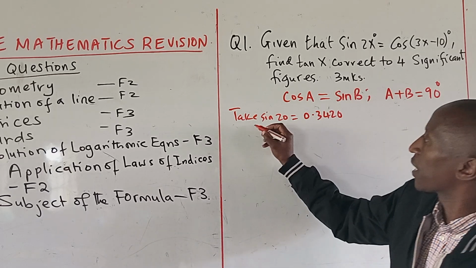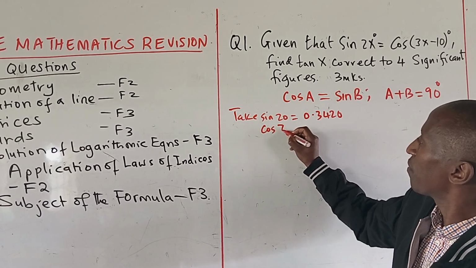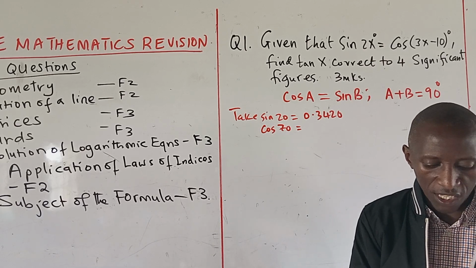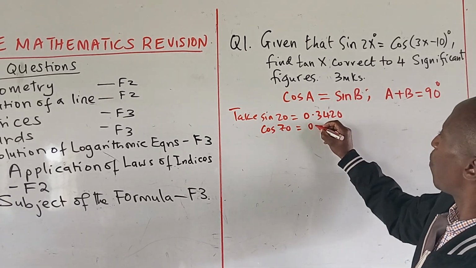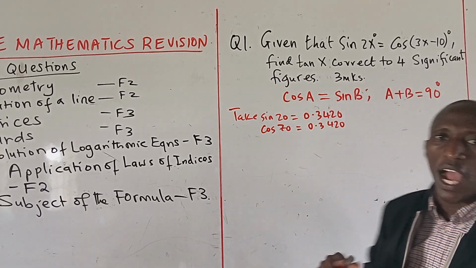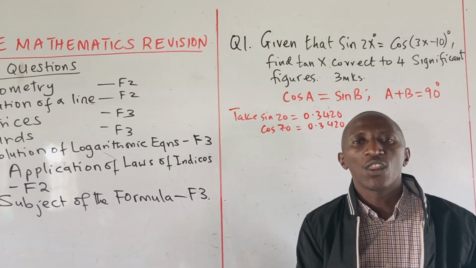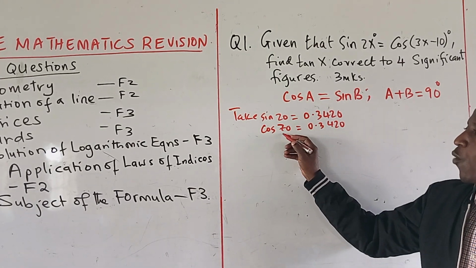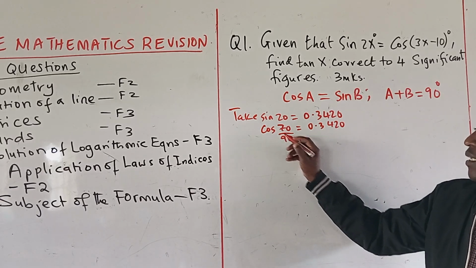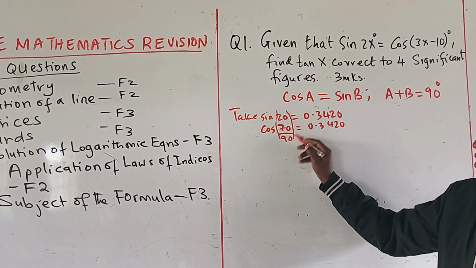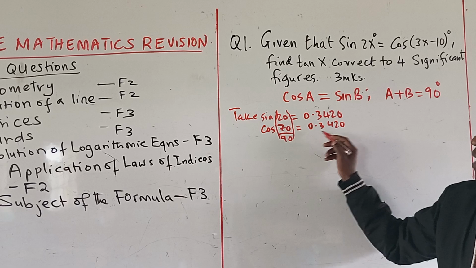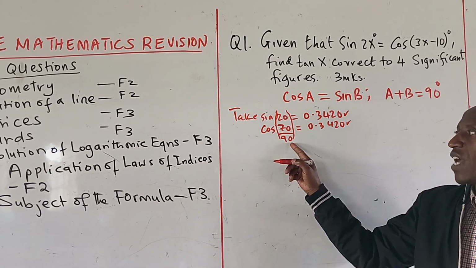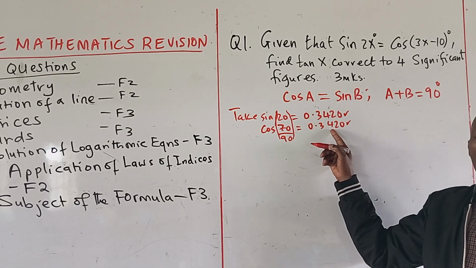Then I also need to take cosine 70 from the calculator, and I'm getting 0.3420. I also want to believe that that is the value that you have gotten. So what are we learning from this? When two angles add up to 90, their sine and cosine are equal.